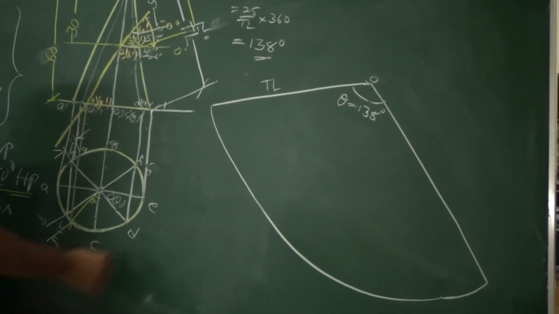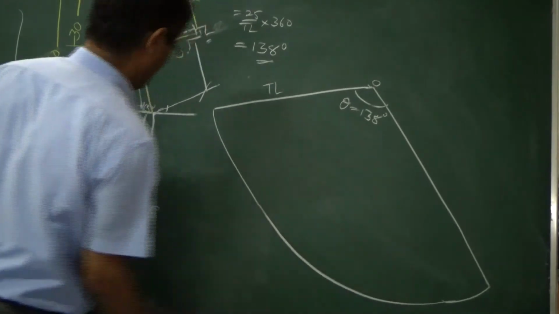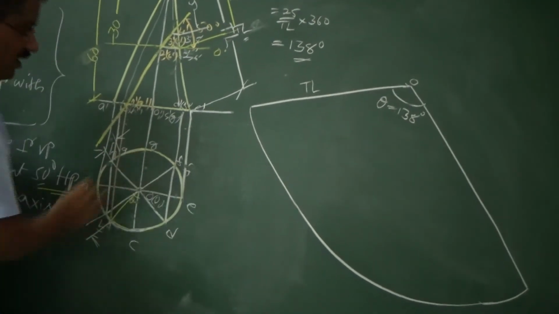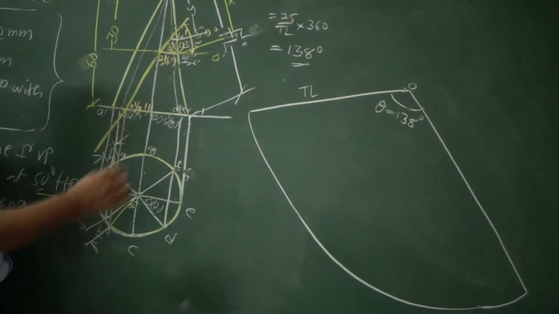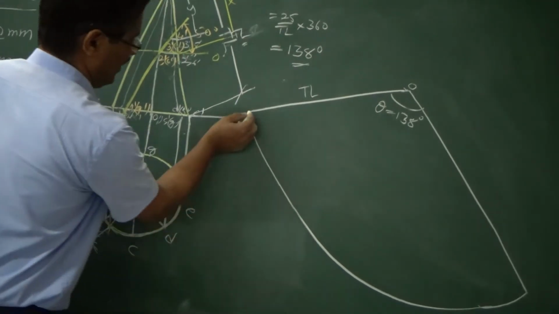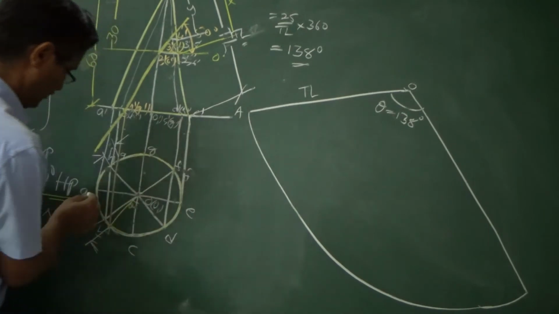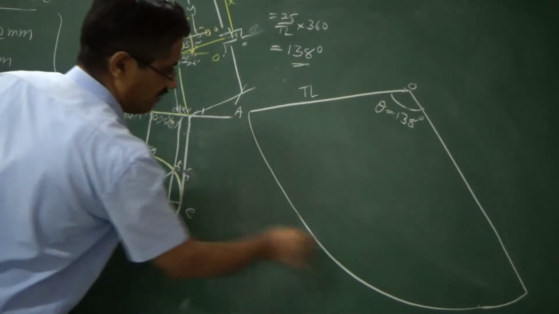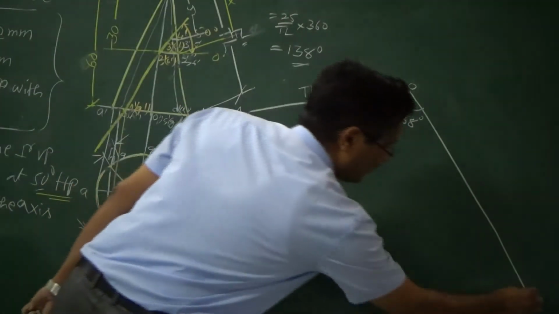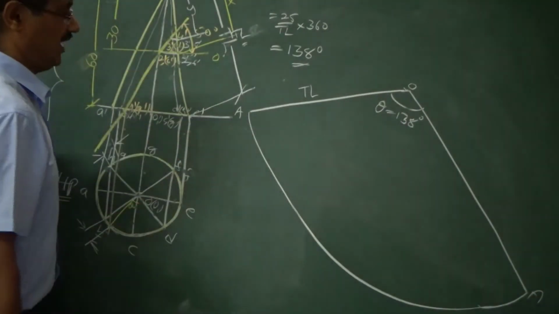So now this arc of 138 has to be initially divided into 8 equal parts. How do we do this? So there is a method you can take called a trial and error method. This is your A. Suppose I start from here. So I have to start from here until I go back to A. So I have to divide this into 8 equal parts.